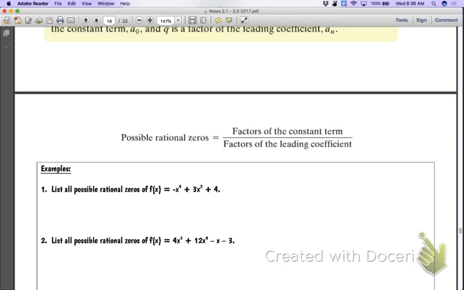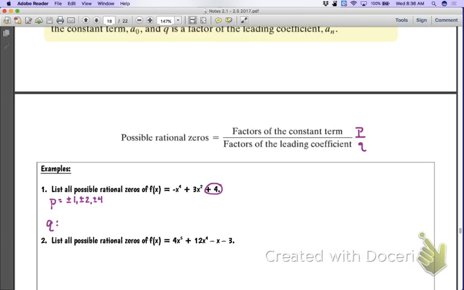So if I have my P over Q, P is all the factors of the constant term, and it's P divided by Q. So what are all of my factors of 4? Plus or minus 1, plus or minus 2, plus or minus 4.